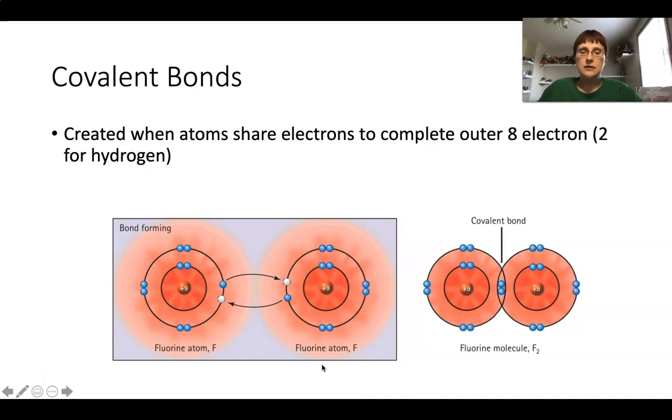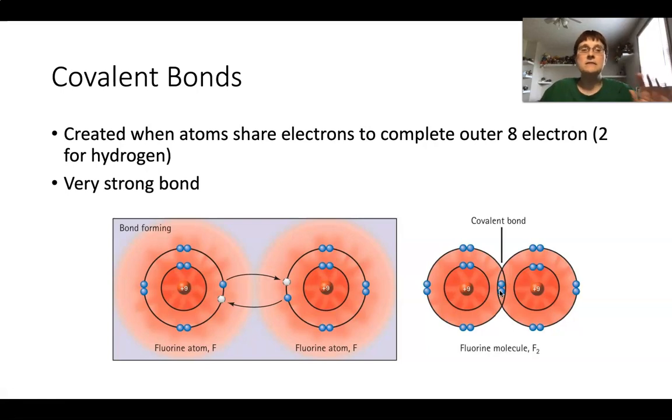So you can see here we've got a fluorine pair. Fluorine is often found in ionic compounds, but we can also have fluorine as a molecule. If fluorine is going to be formed into just fluorine, these two atoms are going to share the single electron that they each have, and they'll get bonded together in a covalent bond, and they'll then have the set that they need to make 8 on the outside of each, and they'll have a shared pair.